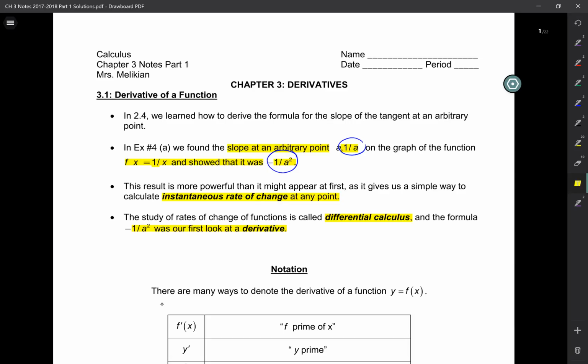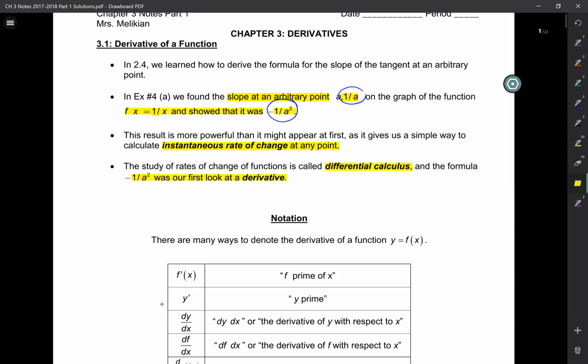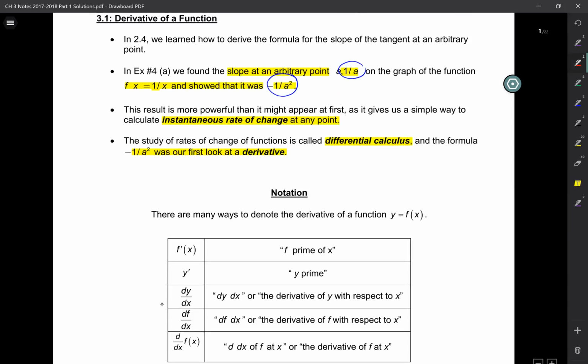We found a derivative. You had no idea, but when you were doing that, the limit as h approaches 0 of f of a plus h minus f of a, and so on, you were looking for the derivative. So what is this word derivative? Well, it is important that you know that derivative is another word for slope of the tangent.